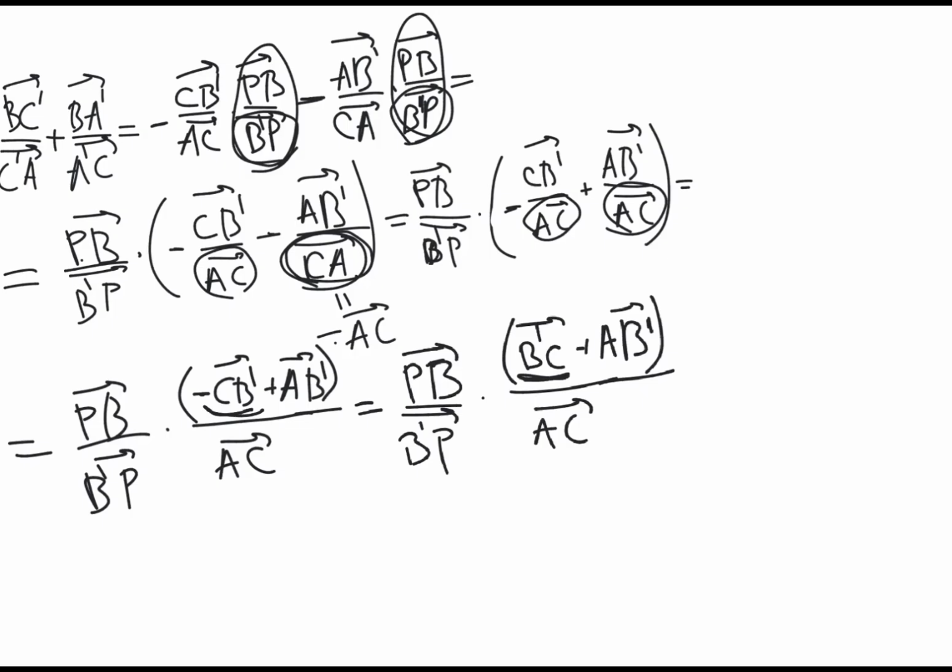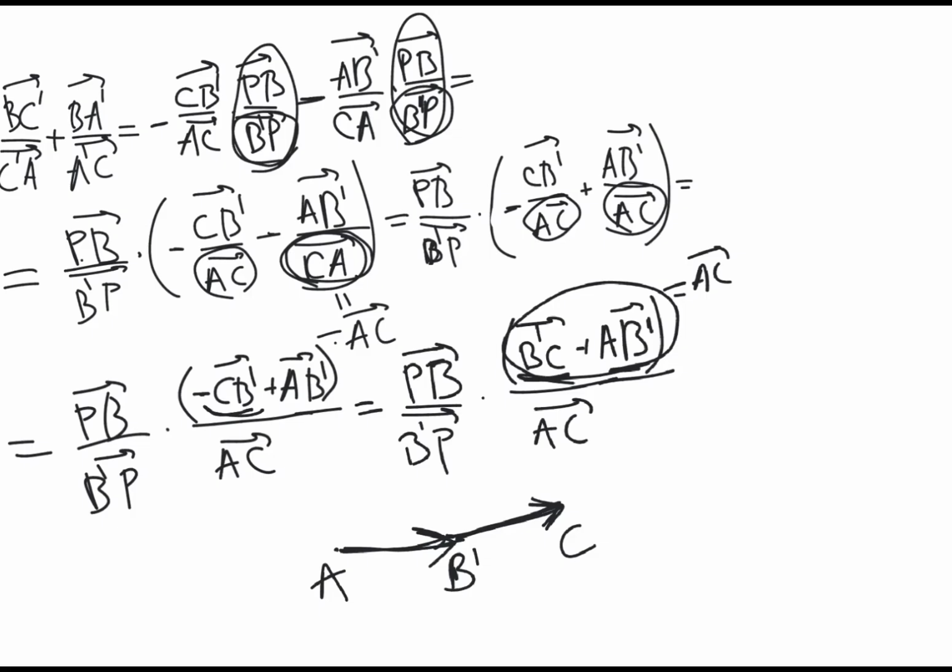And now it's better to start from AB prime. So we have A, then B prime, and then B prime C. So AB prime plus B prime C. The sum of these two vectors, remember that they are on the same line, would be simply the vector AC.